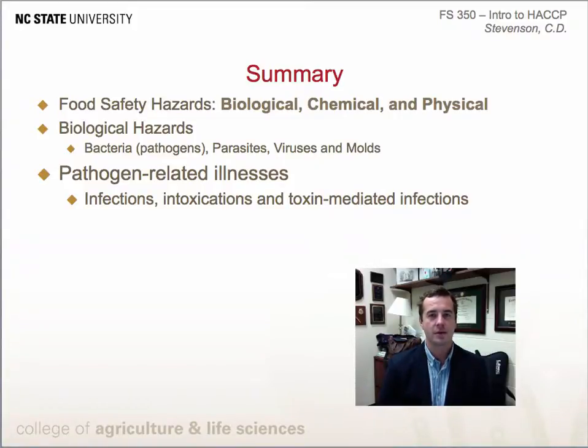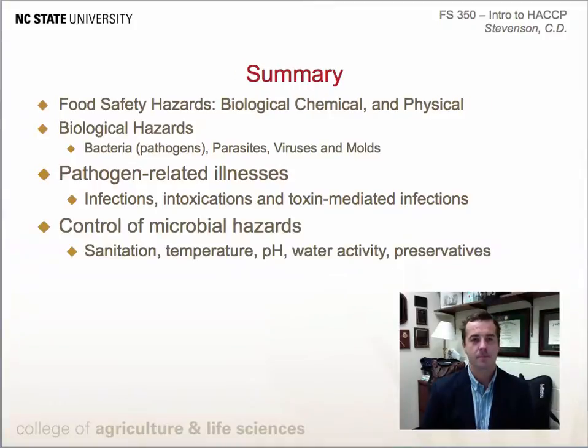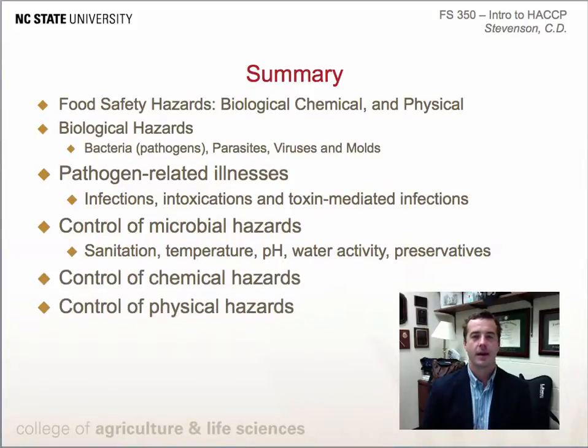You should be able to differentiate these 3 terms. We talked about the numerous methods to control microbial hazards, those being sanitation, temperature, pH, water activity, and the use of preservatives. And finally, we talked about how to control chemical hazards and physical hazards. So now you should be ready to take on our next lesson, which is on hazard analysis.